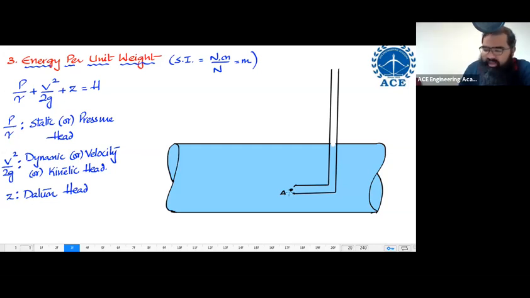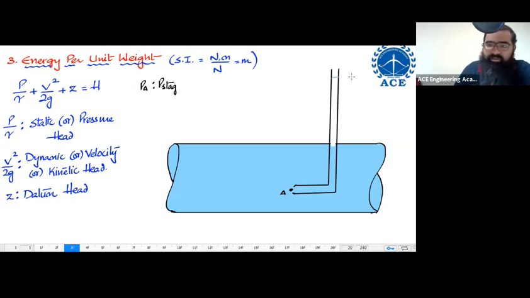The moment point A experiences stagnation, the fluid at point A has a pressure equivalent to the stagnation pressure. If it has stagnation pressure and you are exposing it to the atmosphere, go back to fluid statics: that pressure is going to get converted into some head.